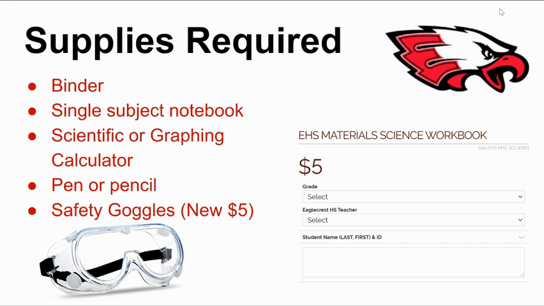Finally, we would ask that you contribute through RevTrack for our EHS Material Science Workbook fee. That is also $5, although we totally understand if you can't do so due to financial difficulties. Any donations towards our program and workbook are appreciated, but it is definitely optional.